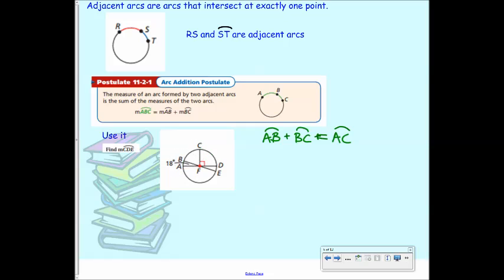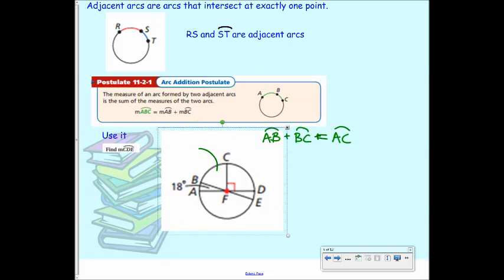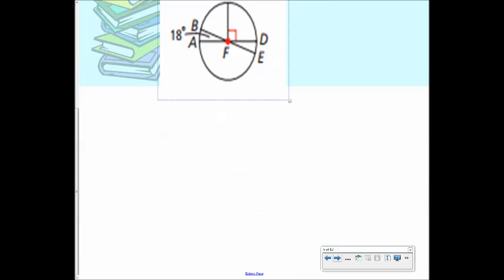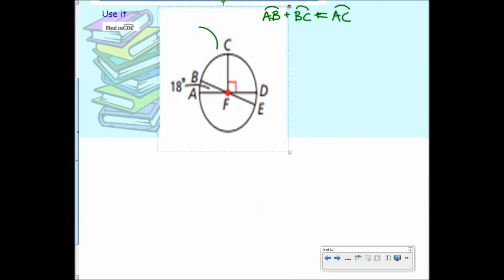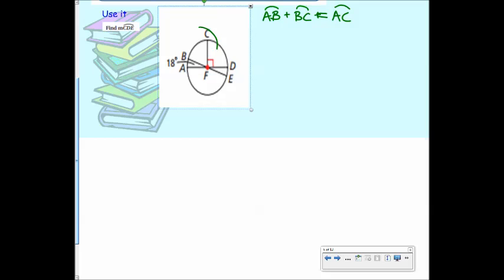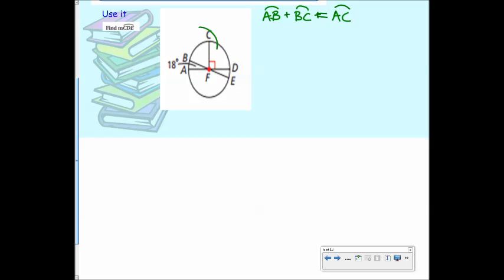Now, I want to figure out the measure of CDE. So CDE is right here. I'm going to make this a little bigger. What do I know?